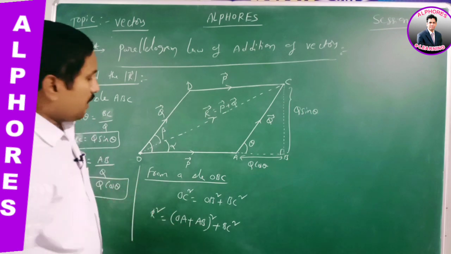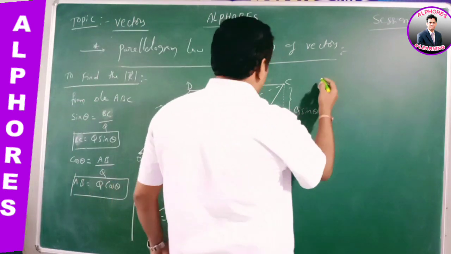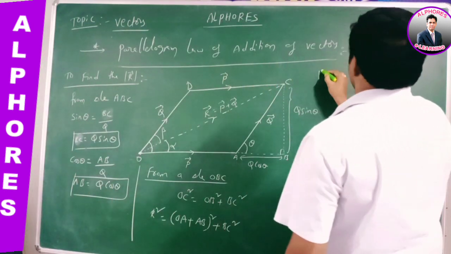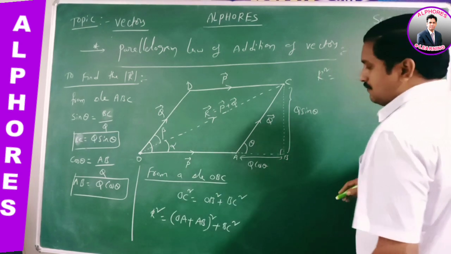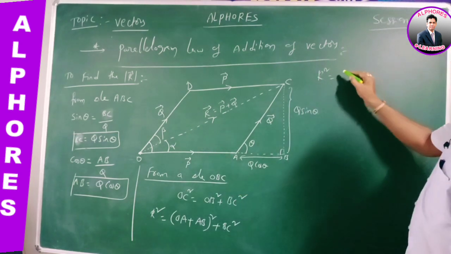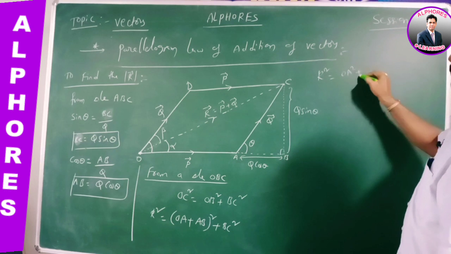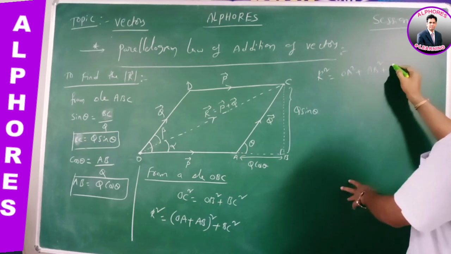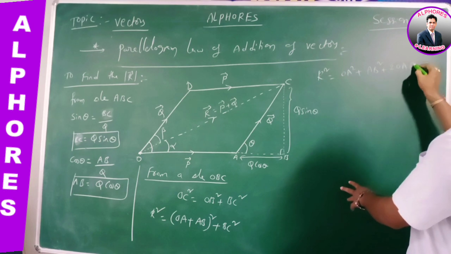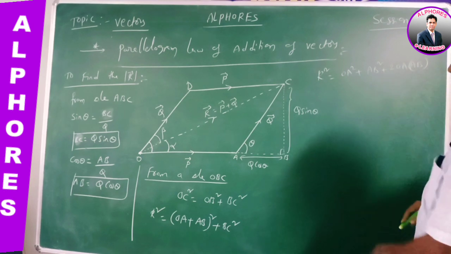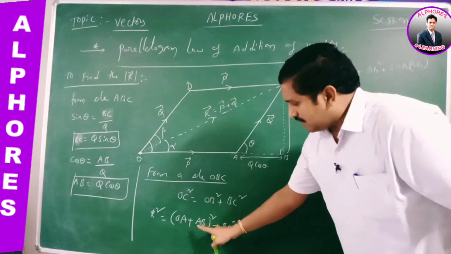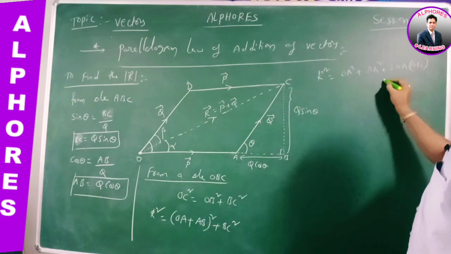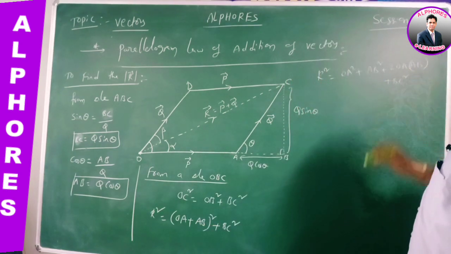So R square is equal to OA square plus AB square plus 2 OA into AB, plus BC square.